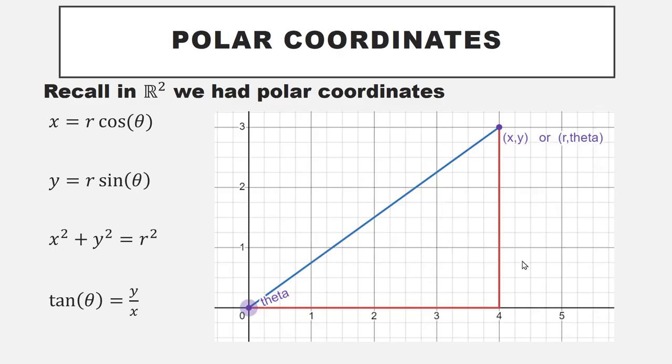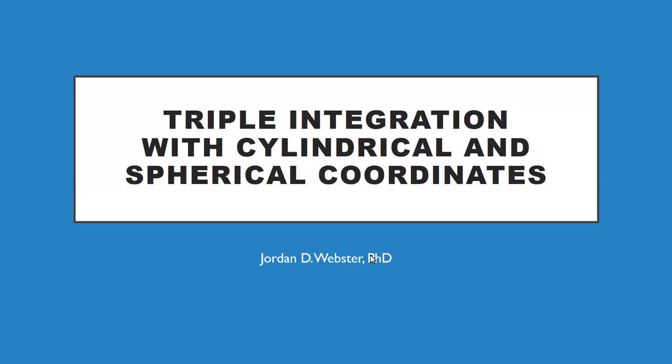Spherical coordinates is also an extension of R2, but in a different manner. So we used spherical and cylindrical coordinates in helping us do our triple integration. So that's the end of this video on triple integration using cylindrical and spherical coordinates.